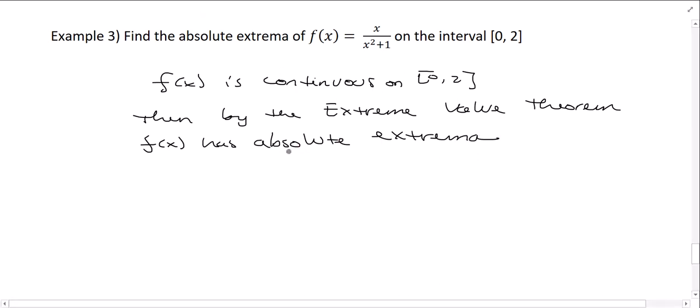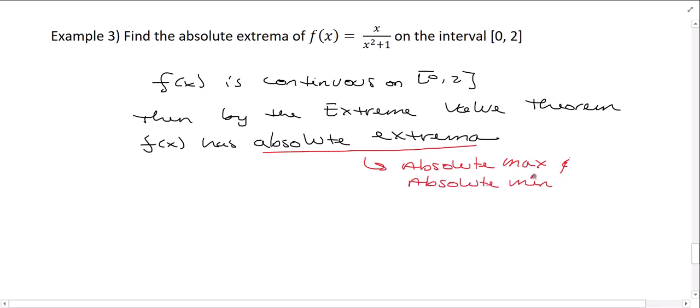When you see absolute extrema, that means that it has an absolute max and an absolute min. Absolute extrema is kind of like the plural. Instead of saying absolute max and absolute min every time, we just say absolute extrema. So that means that they occur either at the endpoints or at a critical number.